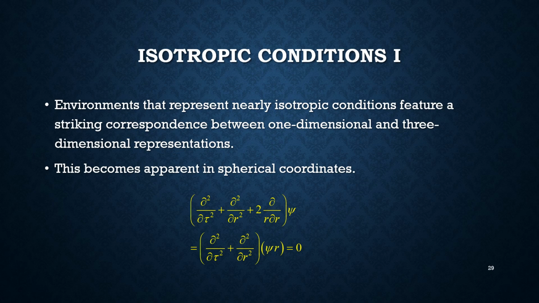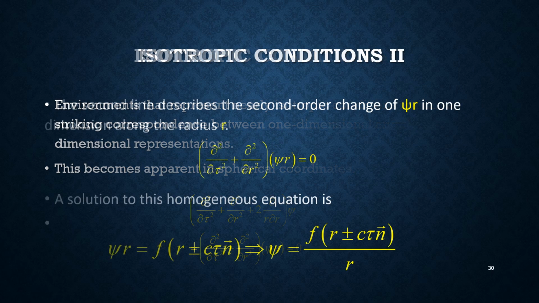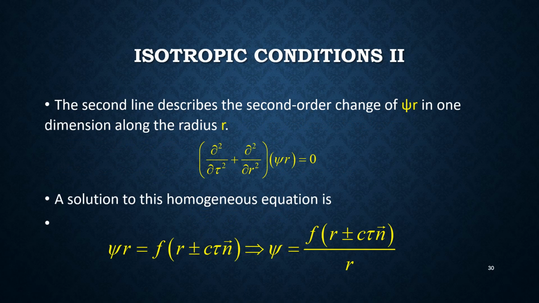Environments that represent nearly isotropic conditions feature a striking correspondence between one-dimensional and three-dimensional representations. This becomes apparent in spherical coordinates. The second line describes the second-order change of psi r in one dimension along the radius r.